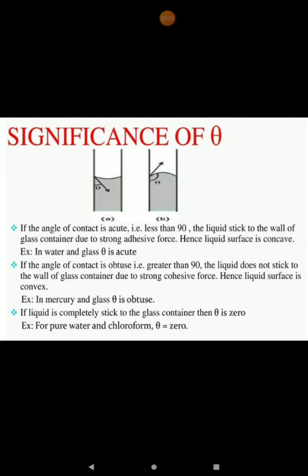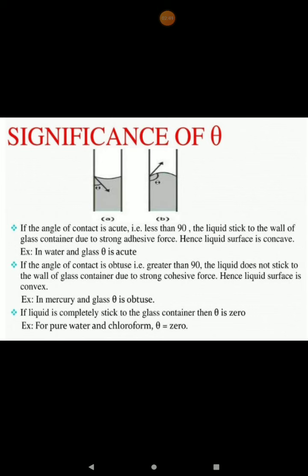If the angle of contact is acute, that is, if its value is less than 90 degrees, the liquid sticks to the wall of the glass, which means adhesive force is greater and hence the liquid surface is concave, for example water taken in a glass container.